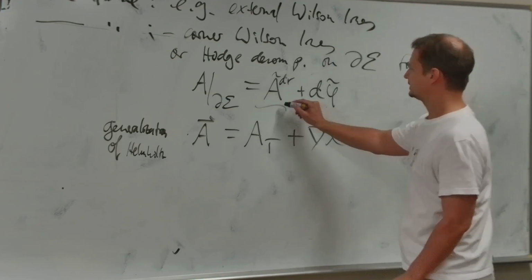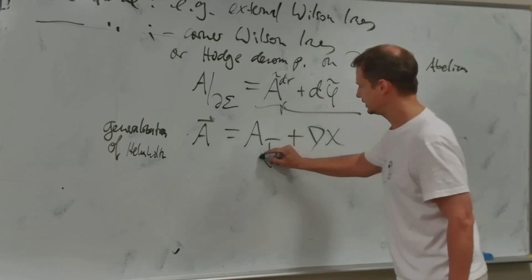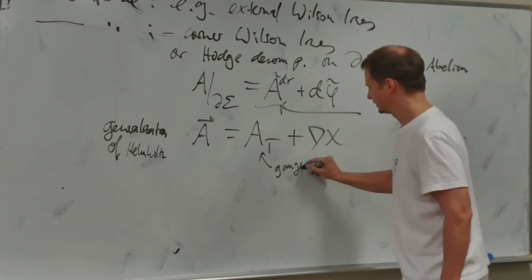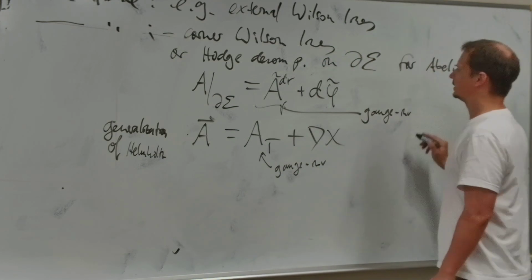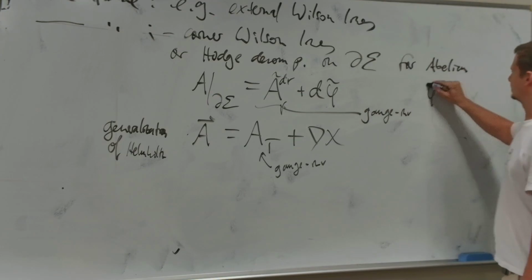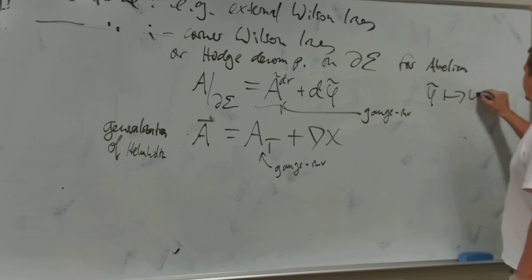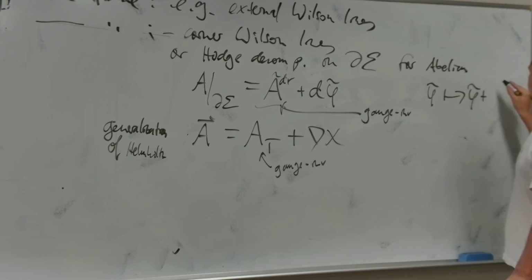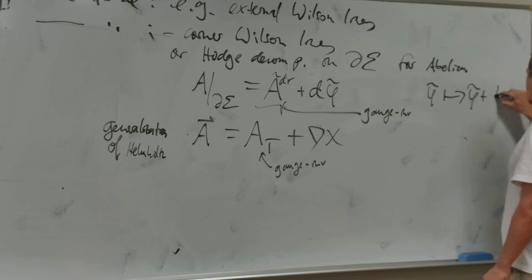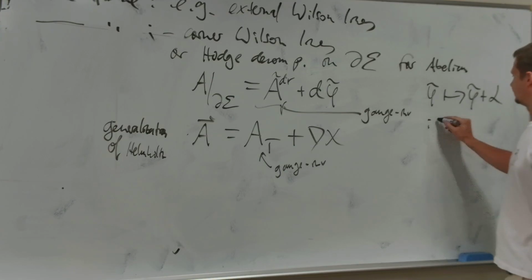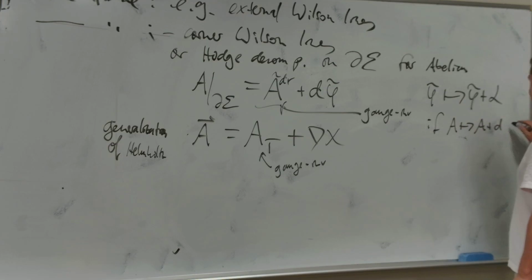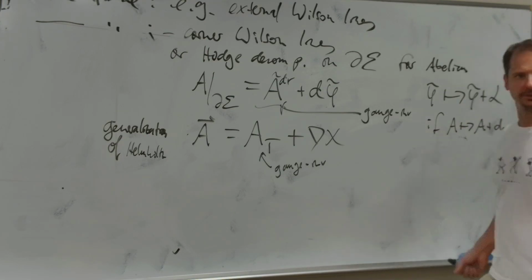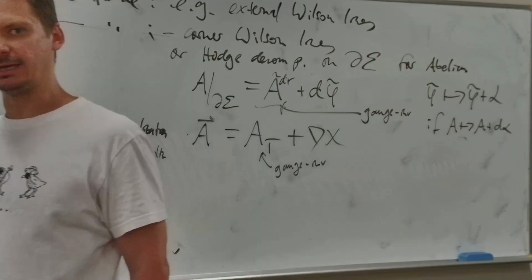Then the point is this here, so this is gauge invariant, this is also gauge invariant. In particular, you have that phi tilde goes like phi tilde plus alpha, if A goes to A plus d alpha. So it absorbs the full gauge dependence.